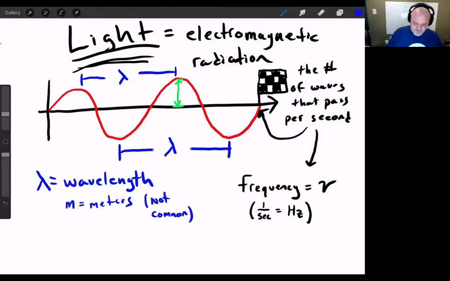The common length is the nanometer. And the reason it's a common length for light is that the nanometer is close to 1 for these wavelengths, so that we don't have to keep writing really small numbers.